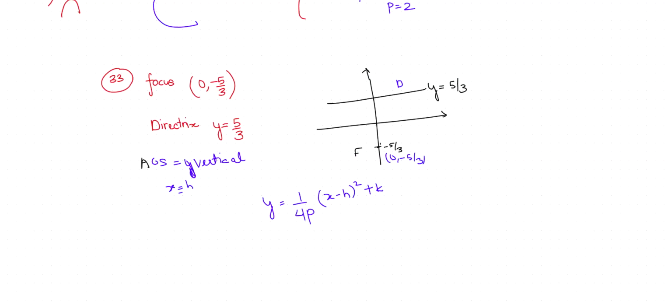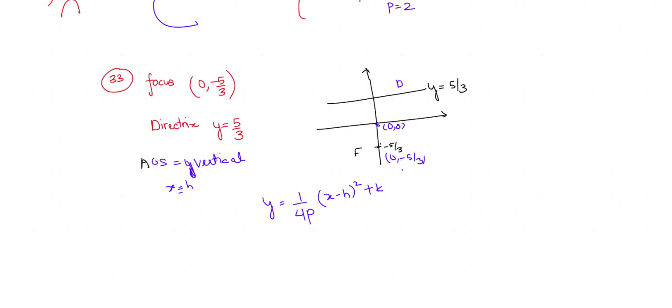So the vertex, we know, is equidistant from the focus and directrix, or midway between them. So midway will be (0, 0), because this is negative 5 by 3 and this is 5 by 3, and 5 by 3 minus 5 by 3, divided by 2, is 0.